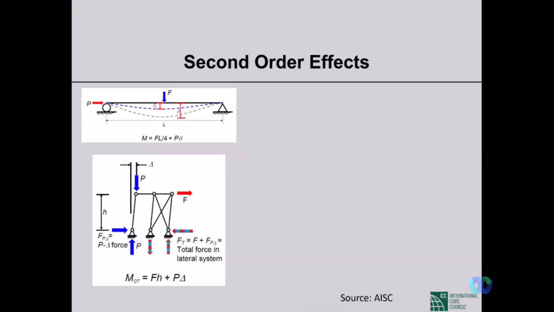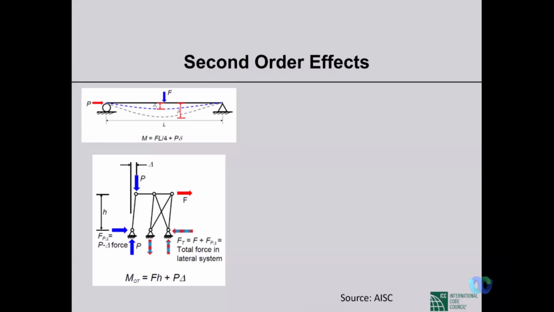And if there are vertical gravity loads, say P on the top, the blue P, that causes an additional moment. Say the drift is delta, capital delta. That causes another moment at the bottom, which will be P capital delta.